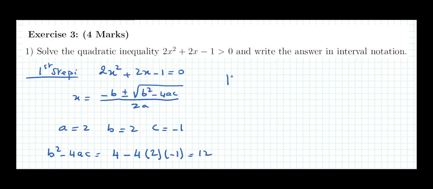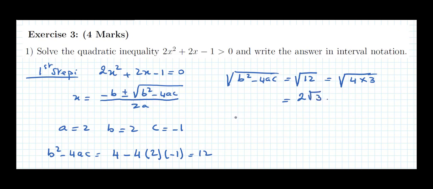So the square root of b squared minus 4ac is the square root of 12, and we know that 12 is 4 times 3, so this is 2 square root of 3.